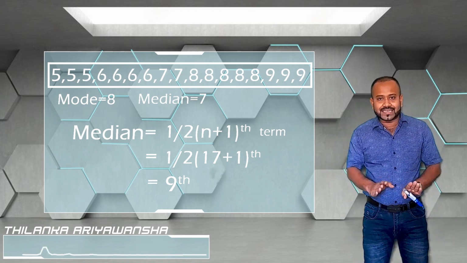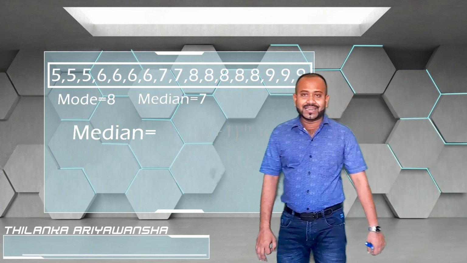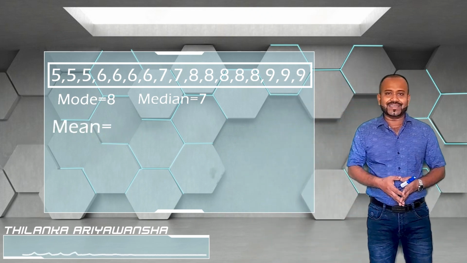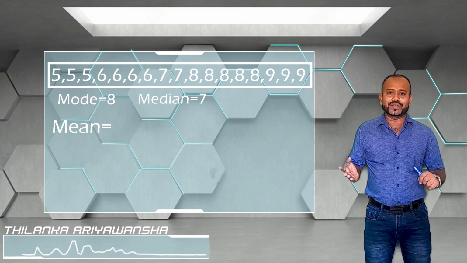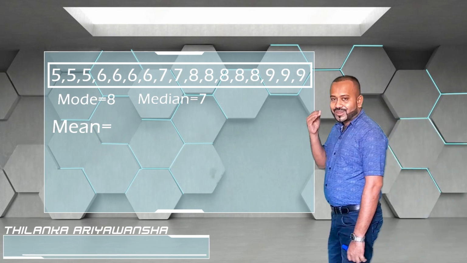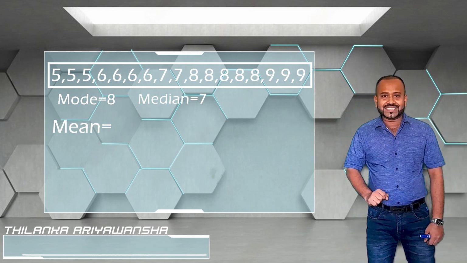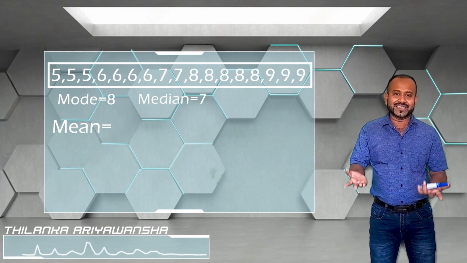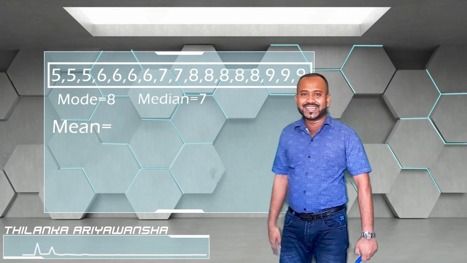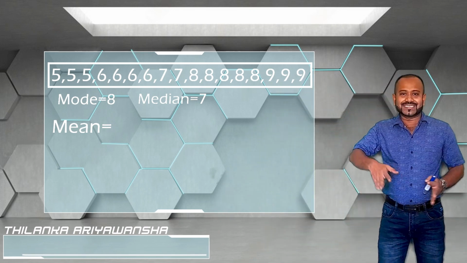Now we have discussed mode and median. Next, I am going to focus on mean. What do I mean by mean? When you get your report card and show it to your parents, they check the average, right? Depending on it, sometimes you get nice treatment, sometimes they reduce the facilities you get.